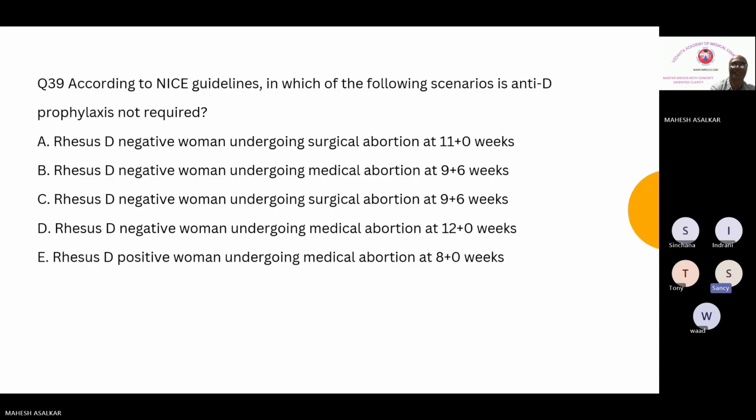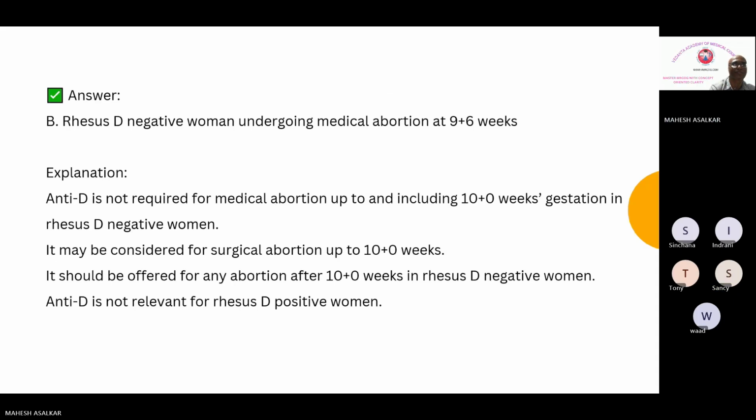So option B, RH negative woman undergoing medical abortion at 9+6 weeks. Yeah, correct. Medical abortion below 10 weeks does not require it. Anti-D is not required for medical abortion up to and including 10 weeks of gestation in RH negative women.